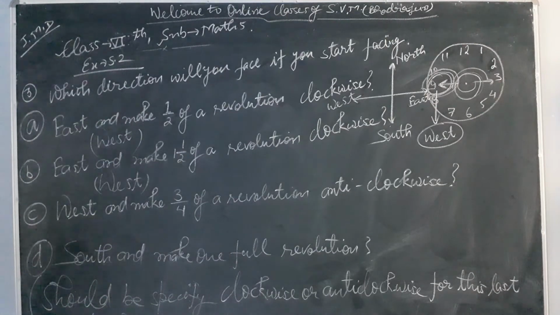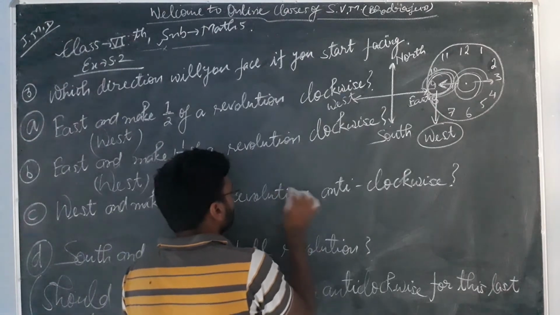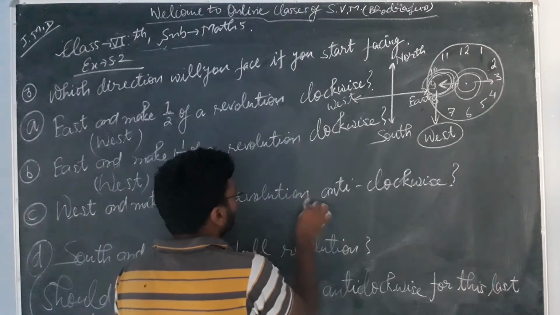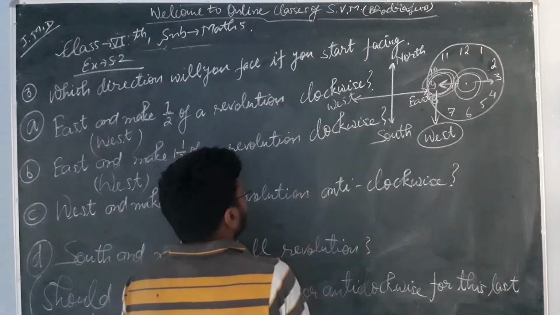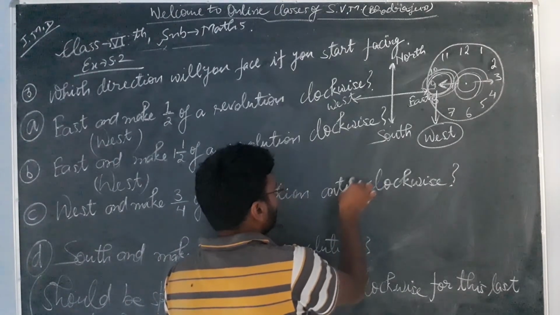We have to take 3/4 of a revolution in the anti-clockwise sense. Okay, so now listen.